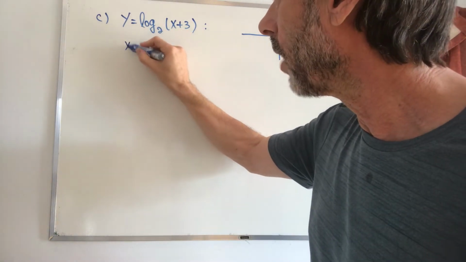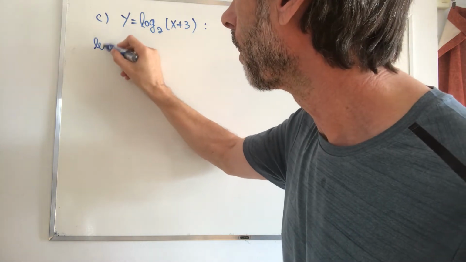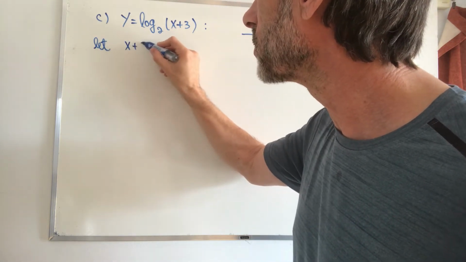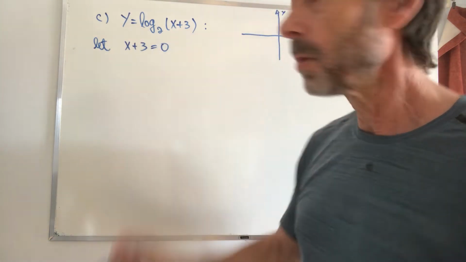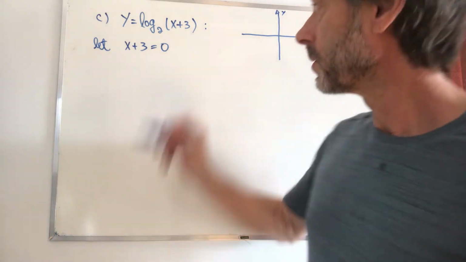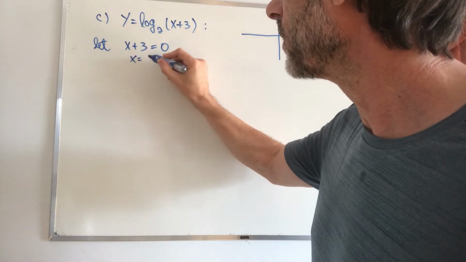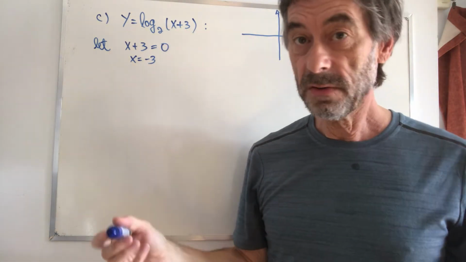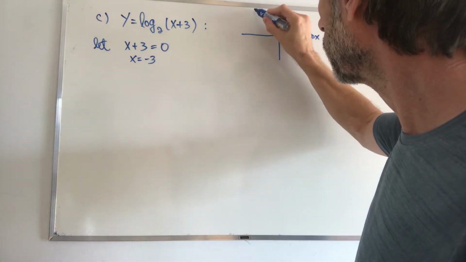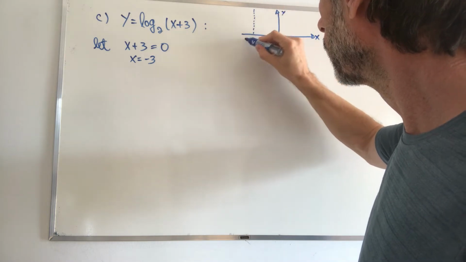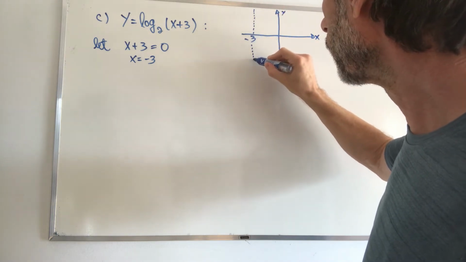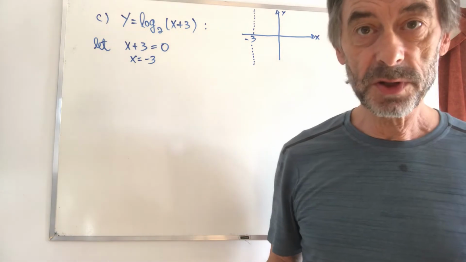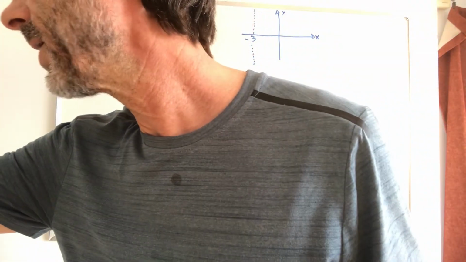So what I want to do here is let x plus 3 equal 0. So I'm going to find here that x is minus 3. And where the inside is 0 is where the asymptote lives. So now this is my asymptote at minus 3.